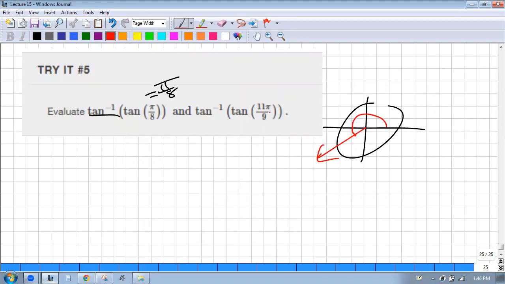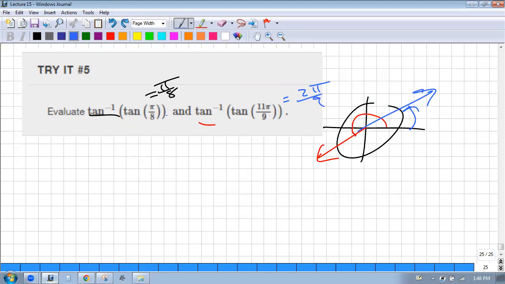Well, tangent inverse always gives us something over there. That's not over there. Tangent's pi periodic. Tangent inverse is going to give us this angle instead. So what is that? Well, if this is 11 pi over 9, this would have to be 2 pi over 9, right? We'd have to subtract off 9 pi's over 9.